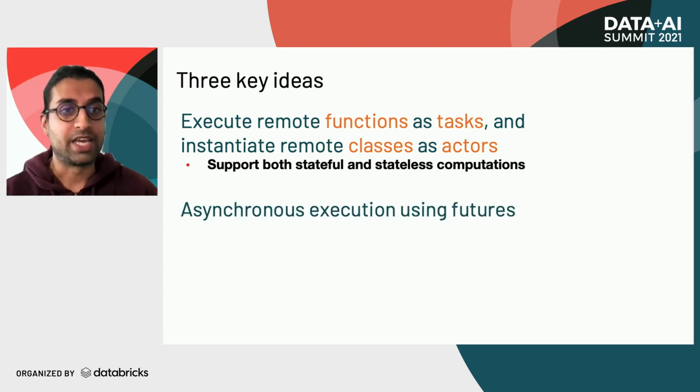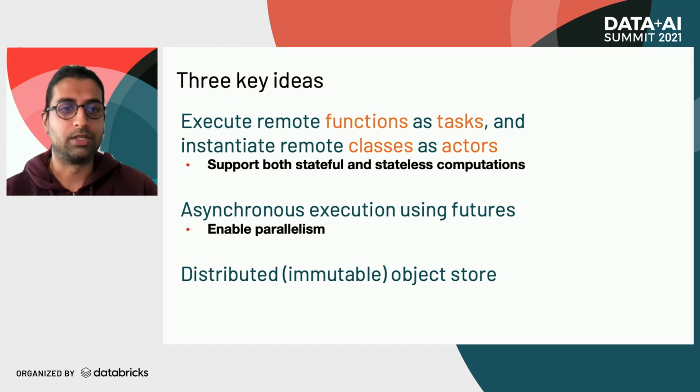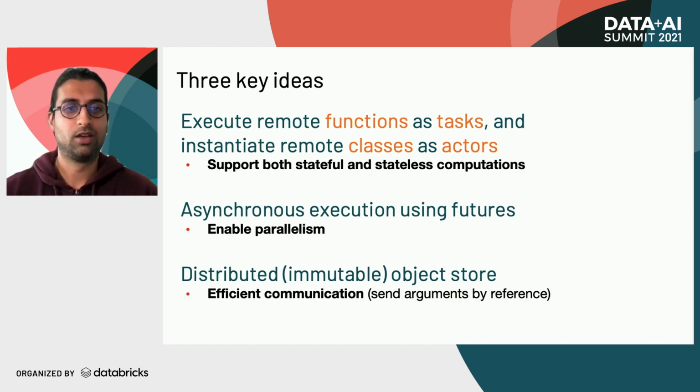Another idea is asynchronous execution using futures. This is something that enables parallelism, and I'll give you a demo of this in a couple slides. And finally, there's a distributed immutable object store. And this allows for efficient communication where you can send arguments by reference.